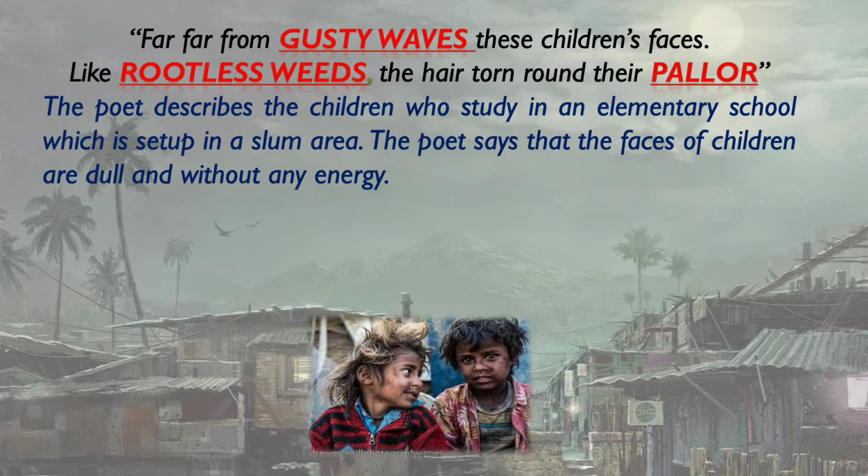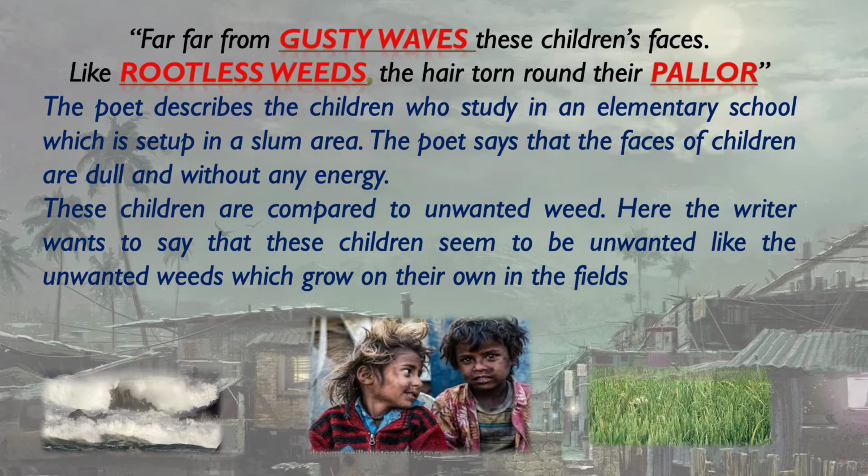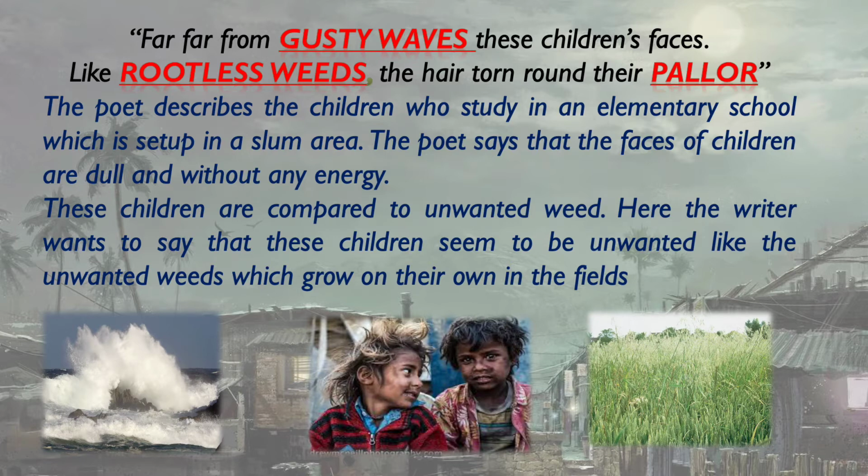Here, the poet says that the faces of children are dull and without any energy. These children are compared to rootless weeds, unwanted, uncared plants. Here the writer wants to say that these children seem to be unwanted like the unwanted weeds which grow on their own in the fields.